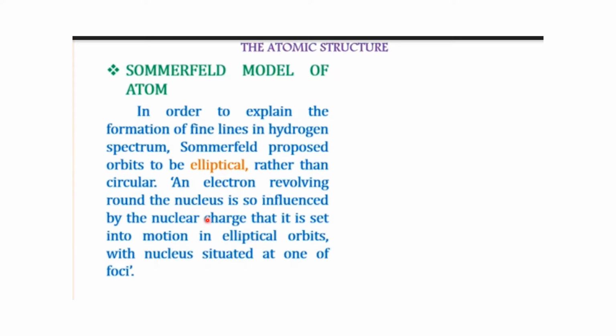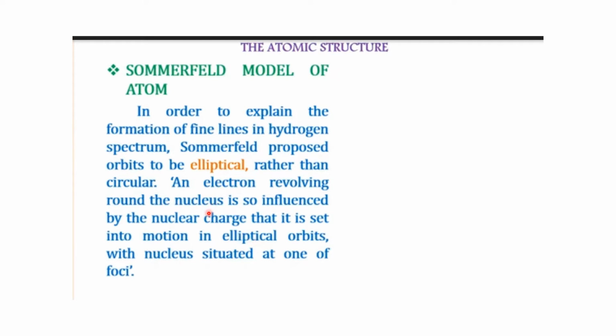This revolving electron is under the influence of the nuclear charge, which contains positively charged protons, and the electron is negatively charged. Since they are oppositely charged particles, the electron is under the influence of the nuclear charge.